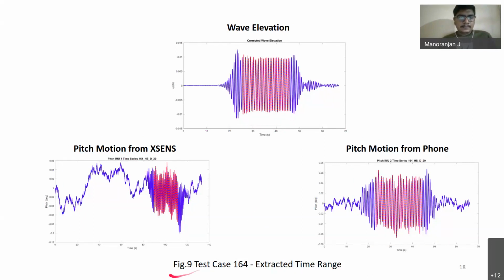If you see this red region, that's where we would like to extract the amplitude of the wave or the average pitch. We need to average the amplitudes from these regions. To calculate this region, we again set a threshold manually, and using that threshold, we calculate the region in which this change takes place.